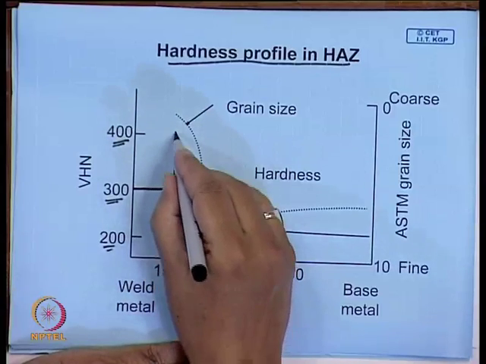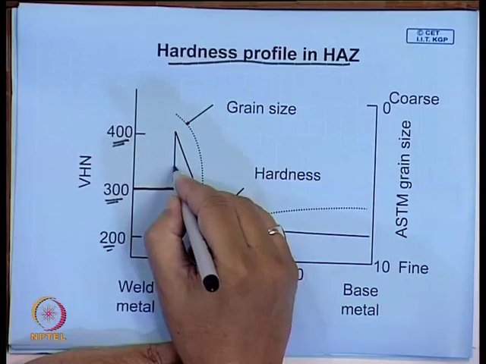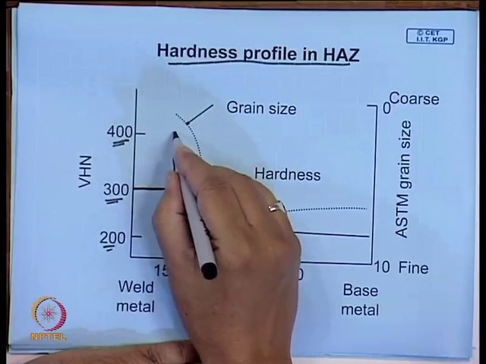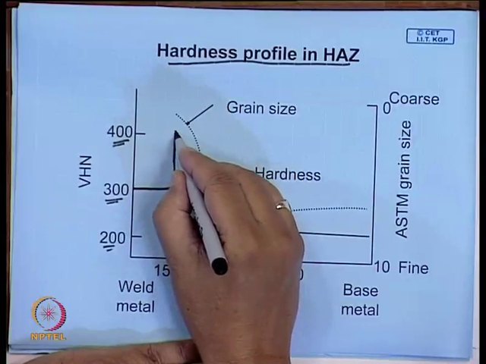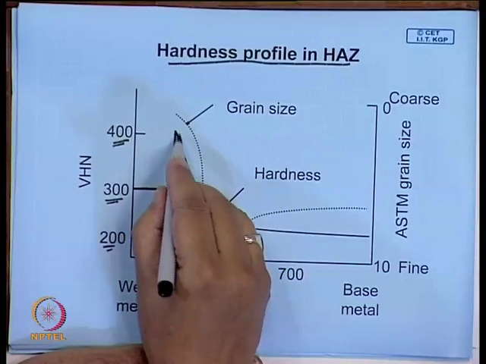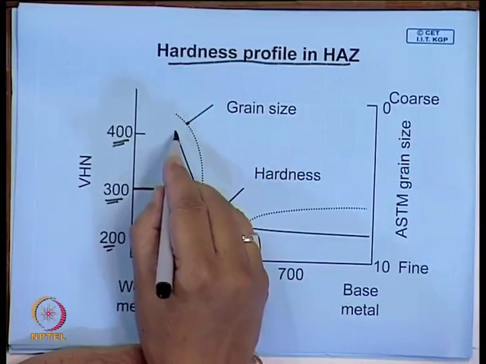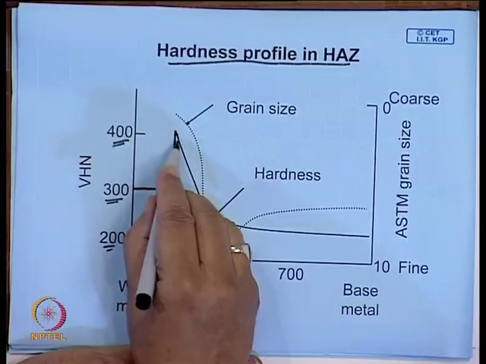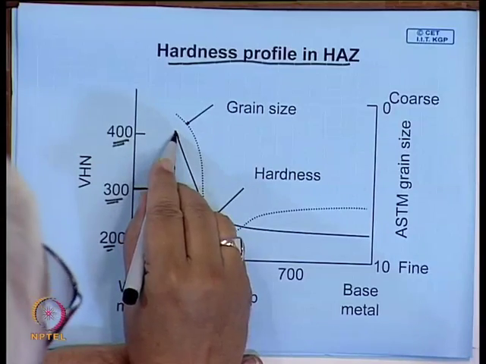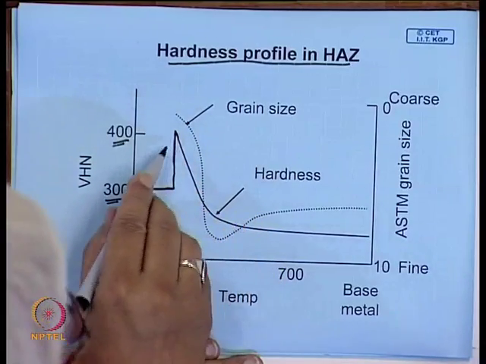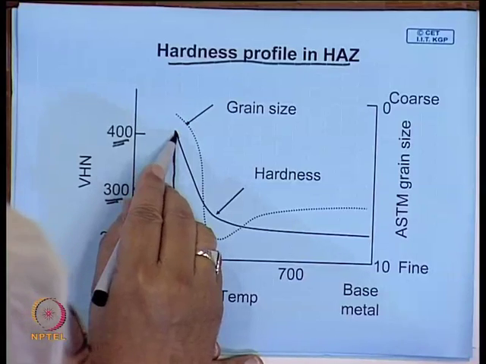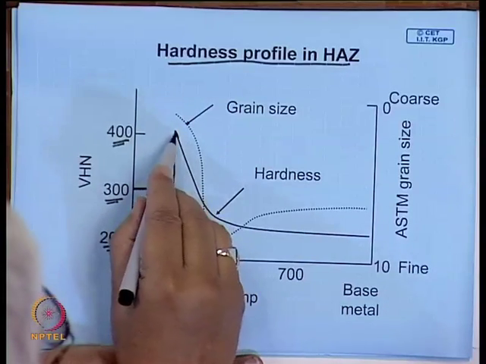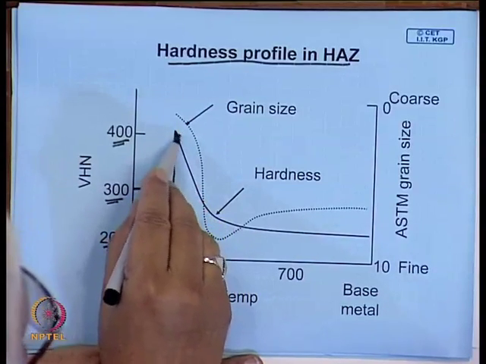We said that here there is a chance of martensite formation because the grains become very coarse. So, this is the heat affected zone just outside that weld metal where the metal has partially melted and you have excessive grain growth. This is the region where grain size is very coarse and you have martensite.